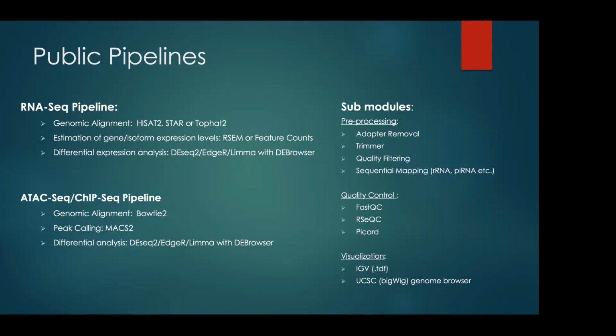After alignment, we get our BAM files, and we can do some quality checks on those BAM files using RSeQC and Picard. For visualization purposes, we can create IGV or UCSC genome browser compatible files, called TDF and BigWig files. We can create those files inside the pipeline.